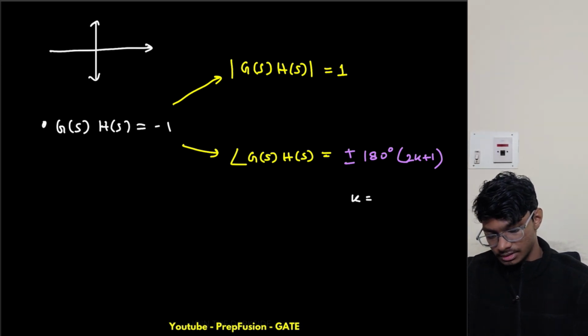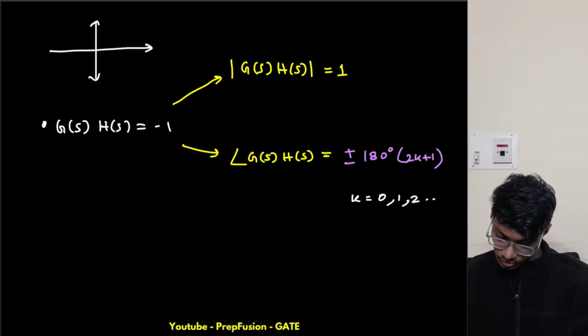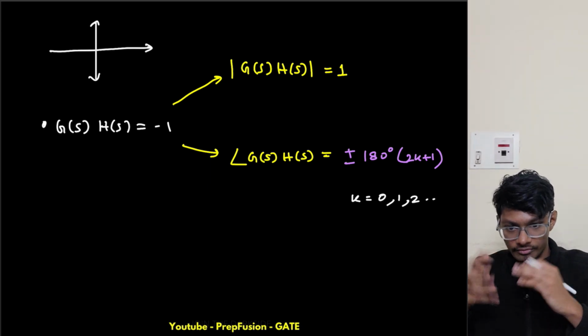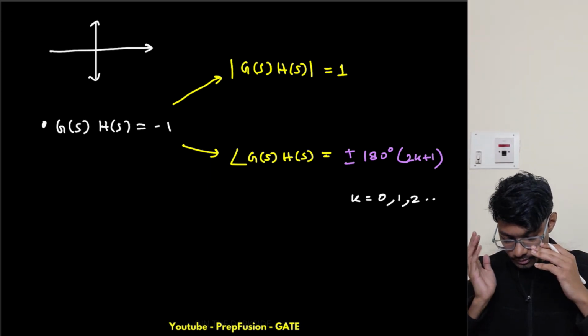So this is basically my k: 0, 1, and it goes on. Now obviously we'll come to questions.